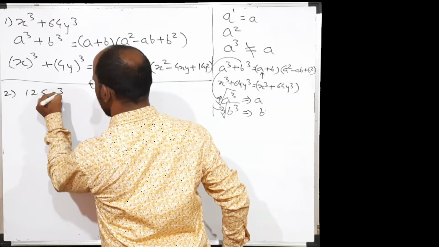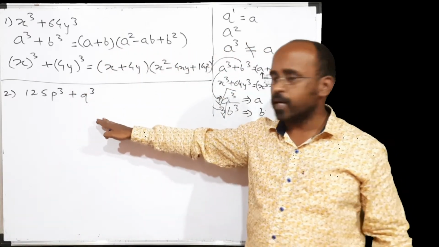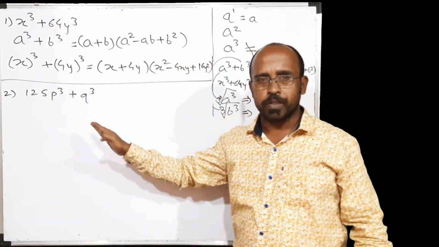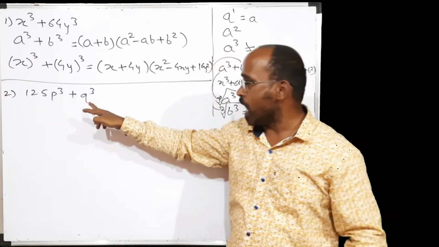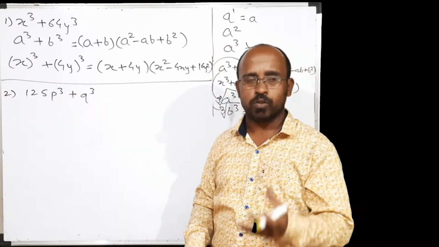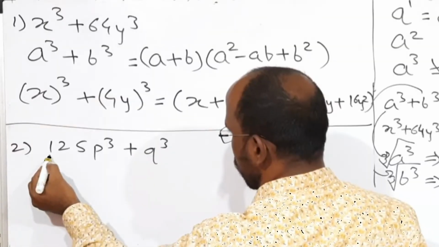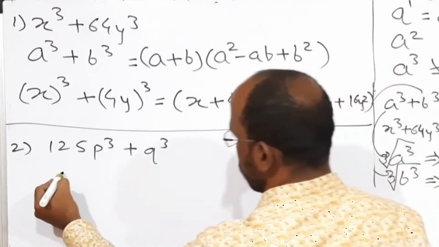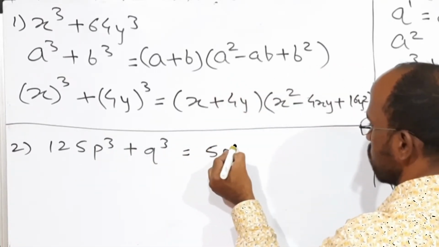125p cube plus q cube. If you compare it with a cube plus b cube, this 125p cube is the cube of a and q cube is the cube of b. So let's find what is meant by a and what is meant by b. 125p cube is the cube of 5p, right?